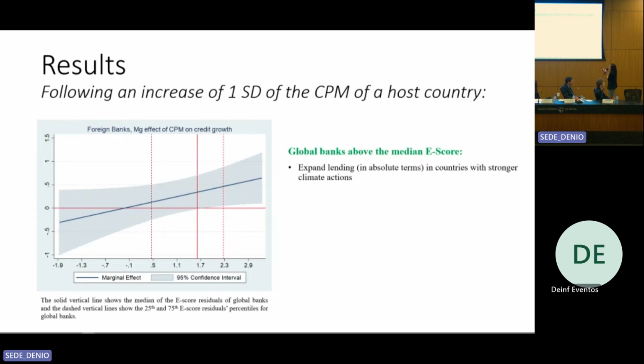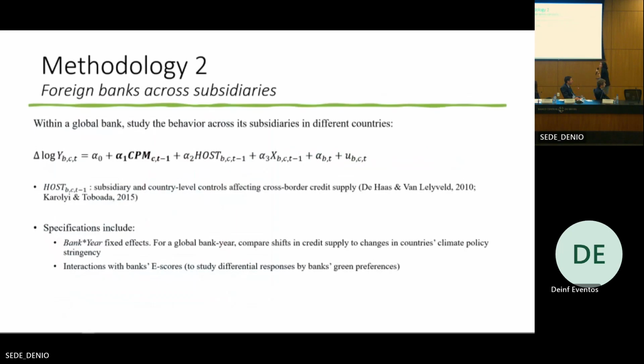So global banks above the median significantly expand their lending in absolute terms in countries with stronger climate actions. And this effect, starting from the median, is statistically significant. So this is our first evidence that global banks appear to expand their lending in countries with higher climate actions if they have green preferences.